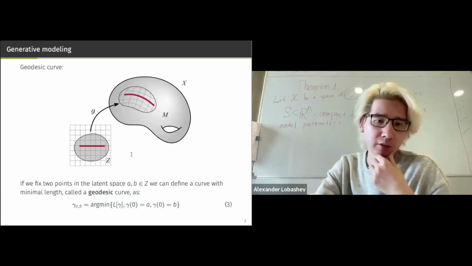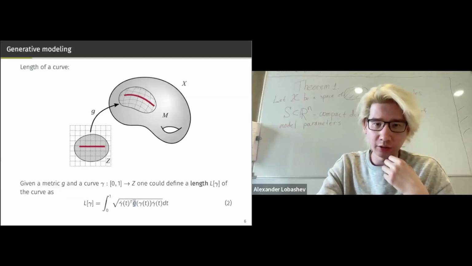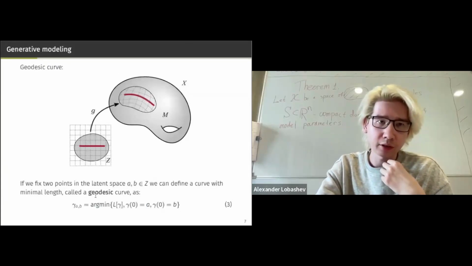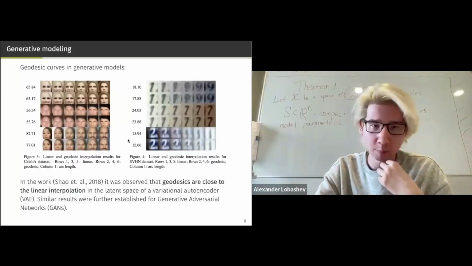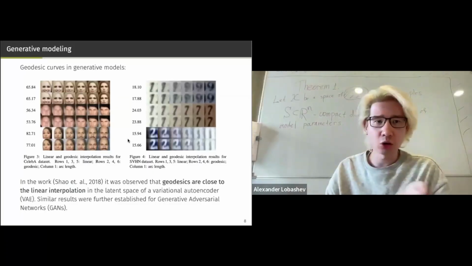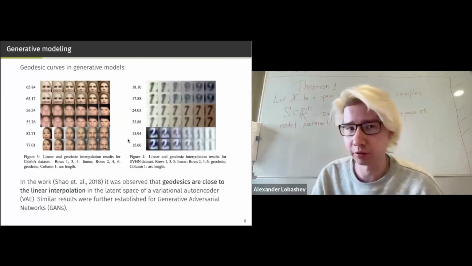And the second way is we take this Riemannian metric, compute curve length, and compute the geodesic as a result of the minimization problem. So will these curves be similar, or will it give rise to completely different interpolations?